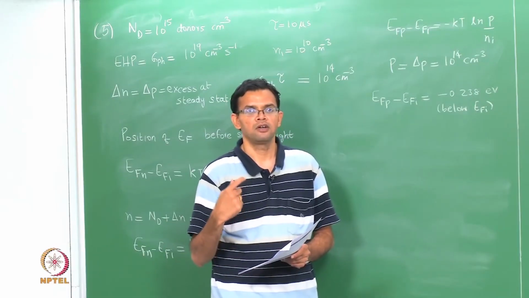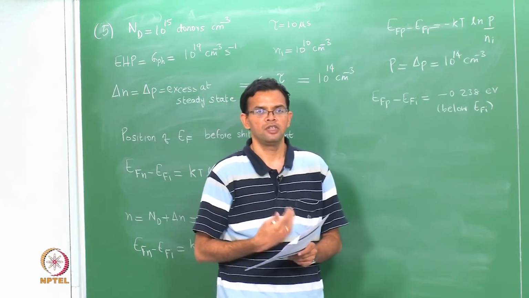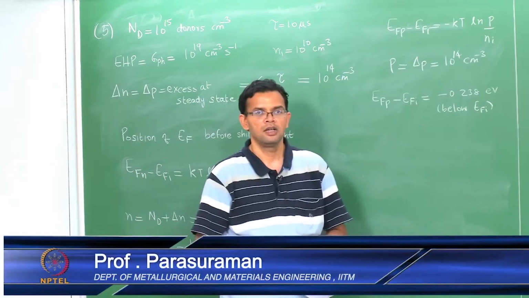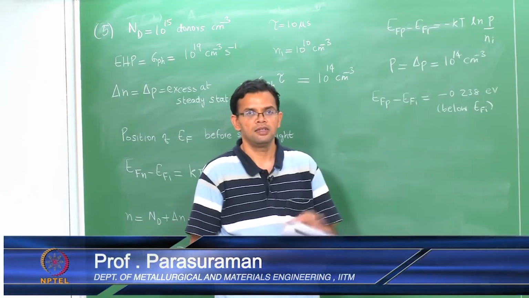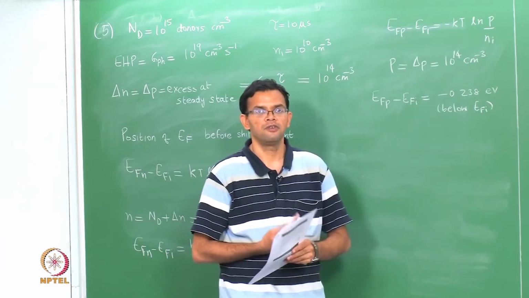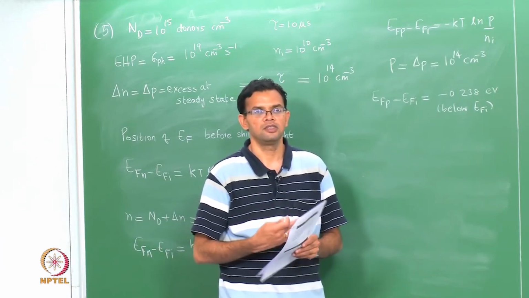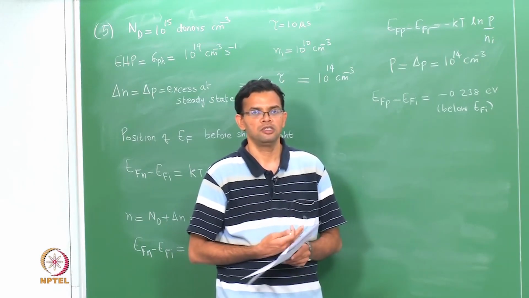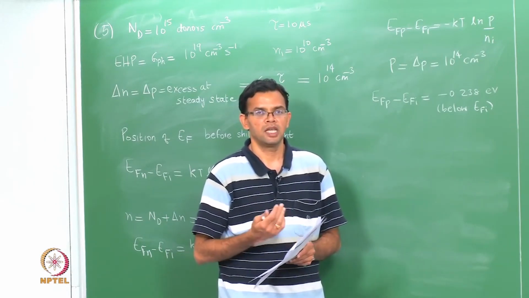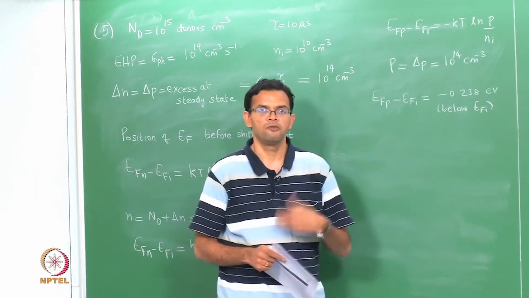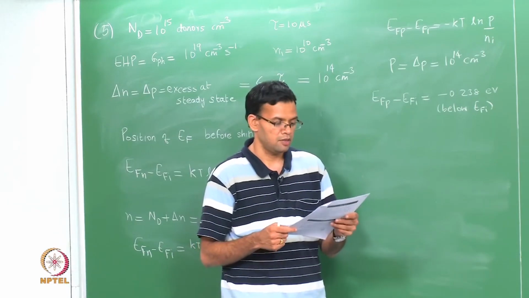We can define a quasi Fermi level for these excess electrons and holes, and we just did the calculation taking the n separately and taking the p separately. These do not reflect the real Fermi levels in the material, because these are excess that are generated during illumination, but we can treat them as n and p type semiconductors and get an idea of where the Fermi level will be located.